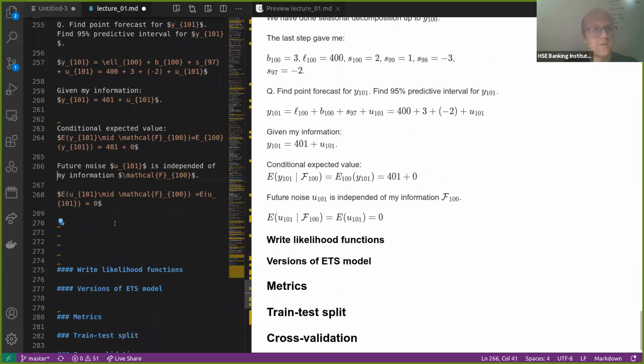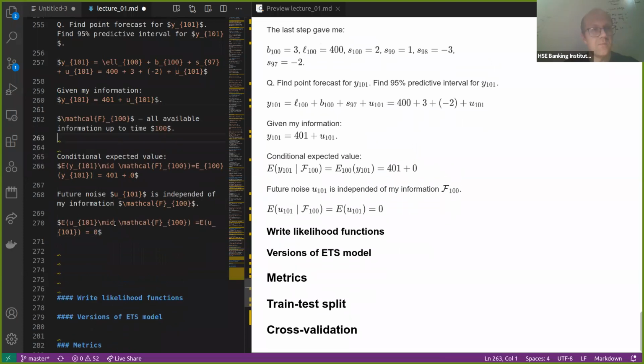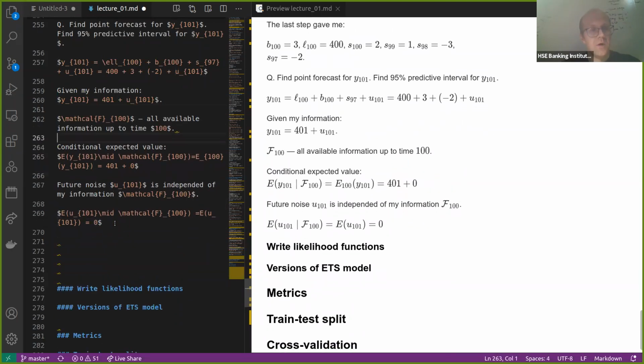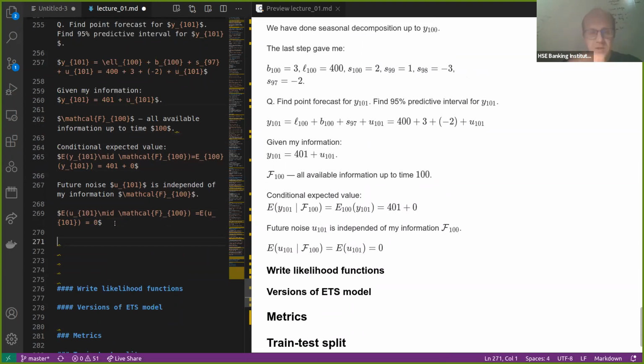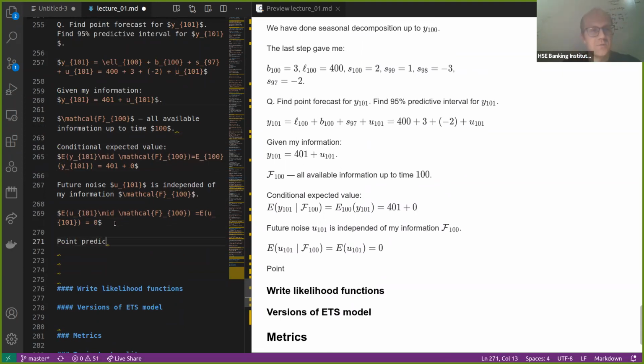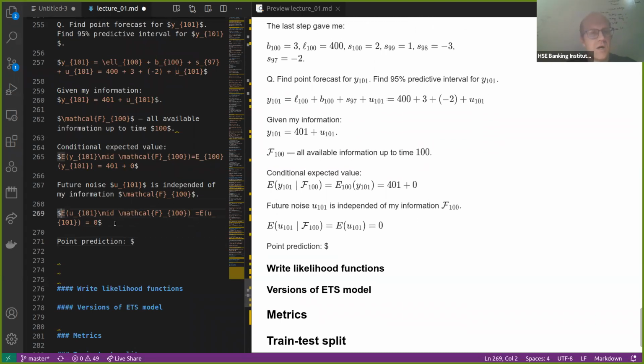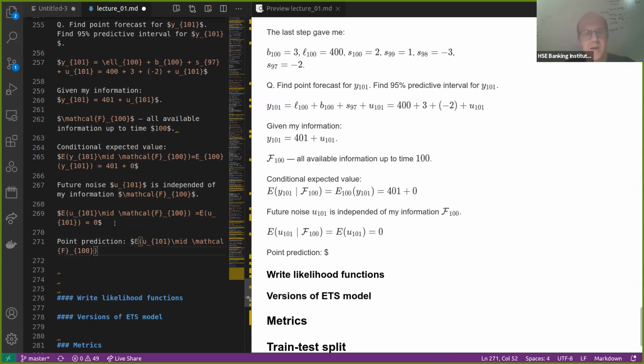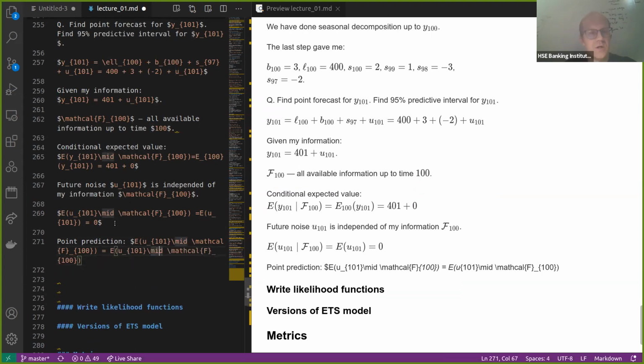So let me write. We already have a point prediction. How do we denote a point prediction? There are many ways. You may denote the point forecast like that, or with 100 near the expected value.